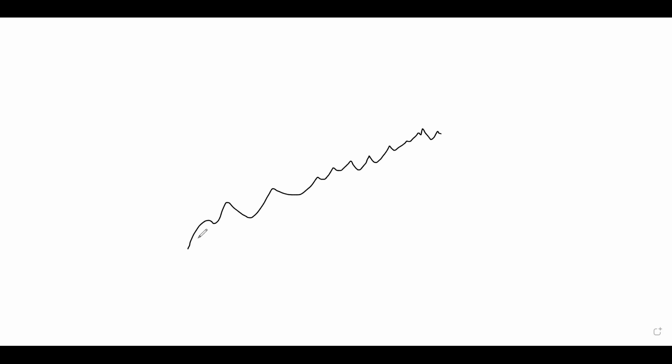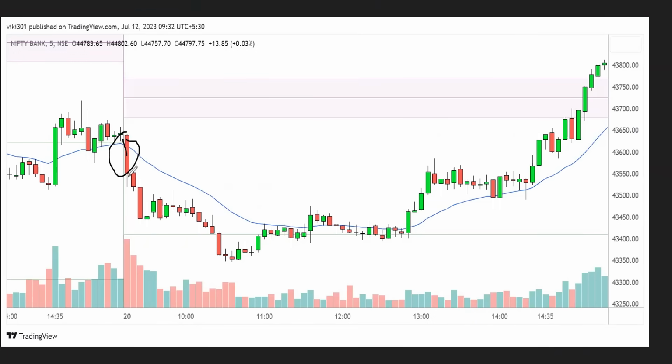When the trend is very strong, I will keep a close watch on the 20 MA, and whenever the candles start making a bearish candle and start closing below the 20 MA, then I will look for a shorting opportunity. Okay, you can see that it opened with a big bearish candle and it started going down, going down, going down. And somewhere here it started making a small candle, and this candle closed above the 20 MA.